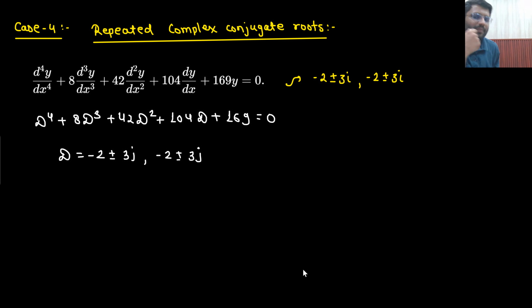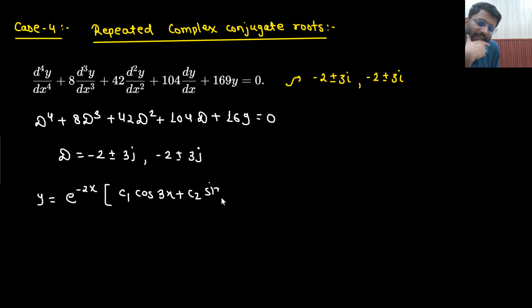Repeated roots are there. So what will be the value of y? The minus 2 will say that it will come as it is, as e to the power minus 2x. Now 3j will say that if it was not repeated, the scenario would have been c1 cos 3x plus c2 sin 3x.